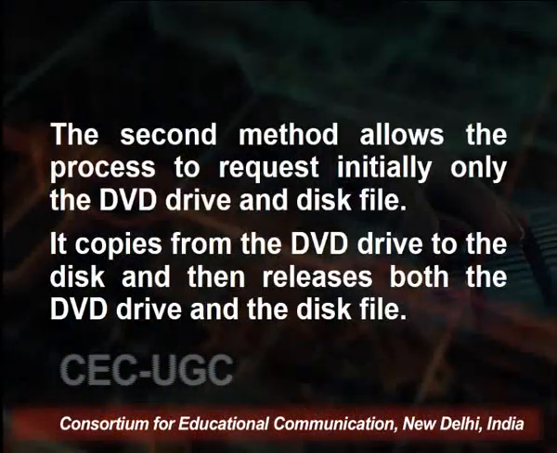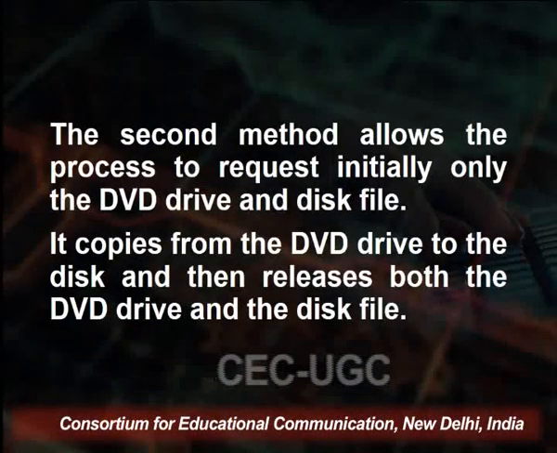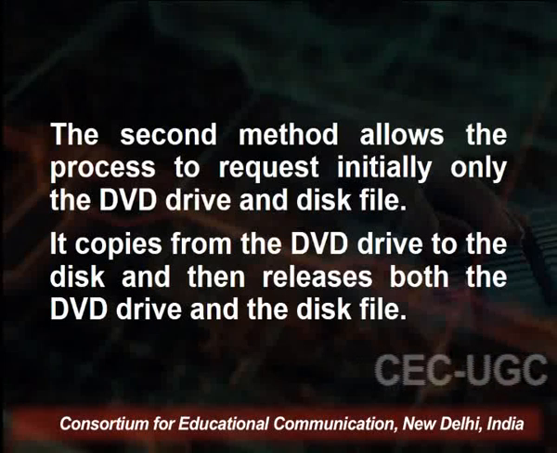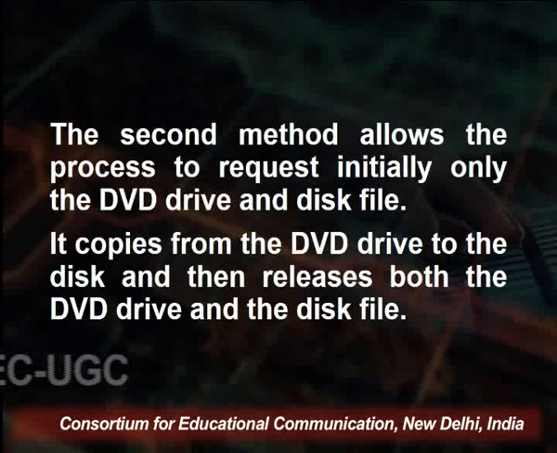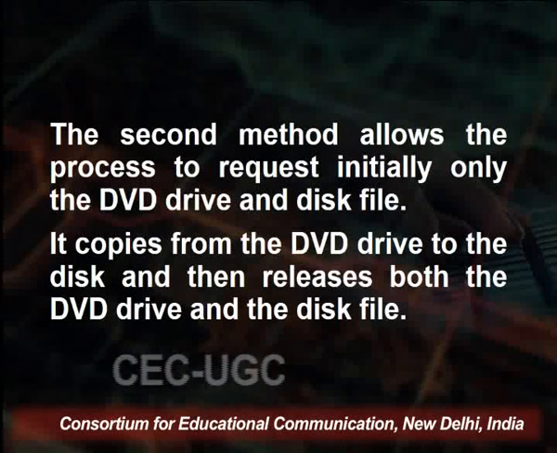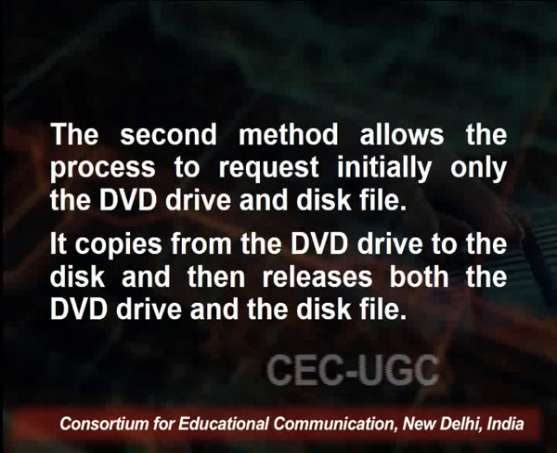The second protocol allows the process to request initially only the DVD drive and the disk file. The printer will be assigned only after it releases the DVD drive and the disk.